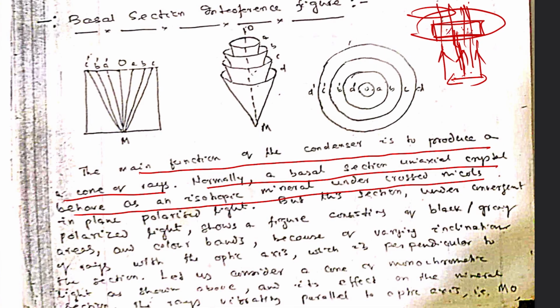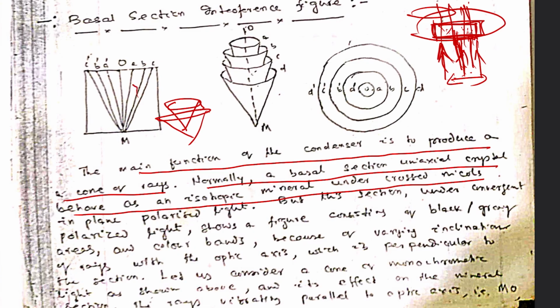But when you talk about the conoscopic arrangement, the light rays are not falling on the basal section of the mineral in this fashion. They are not falling perpendicularly. Rather, the light rays fall like this.